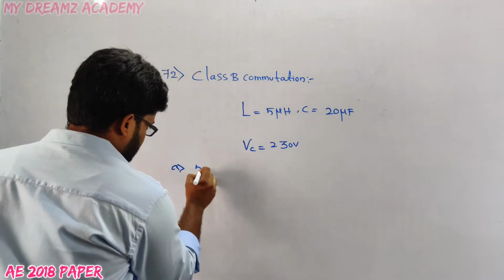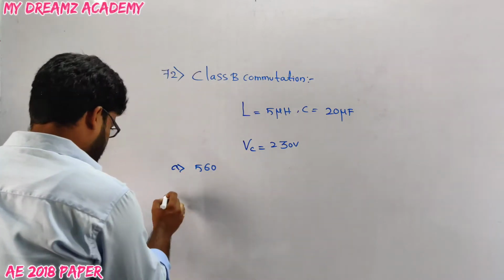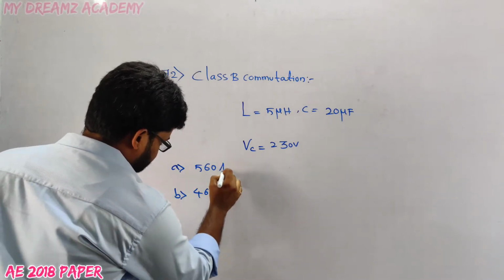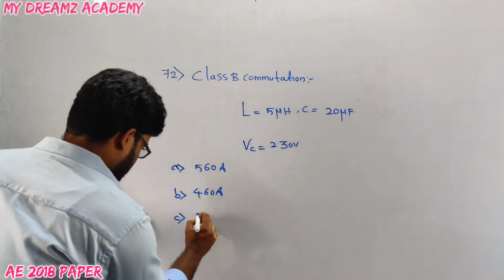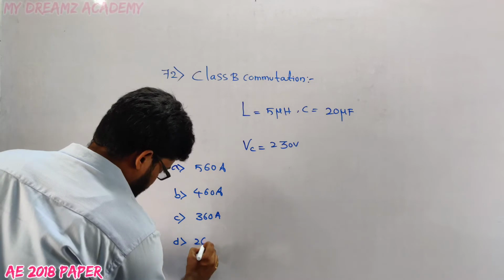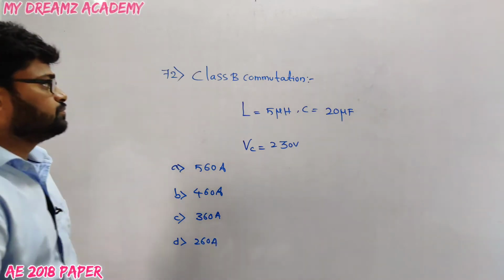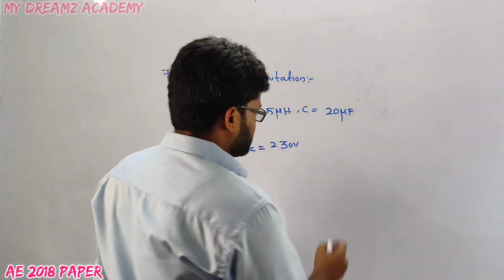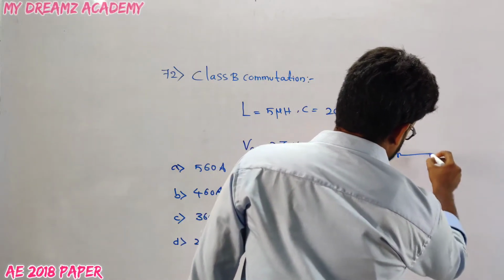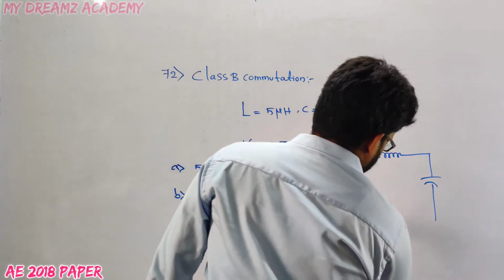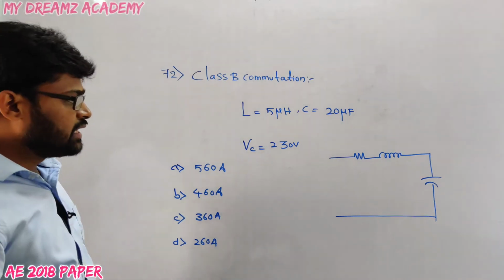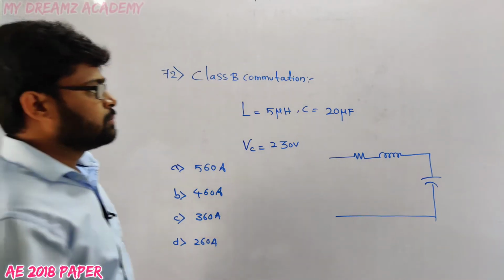Option A, 560 amperes. Option B, 460 amperes. Option C, 360 amperes. Option D, 260 amperes. Now this is class B commutation, that is nothing but series RLC. The commutation circuit will be like this. We need to calculate the peak value of the current.